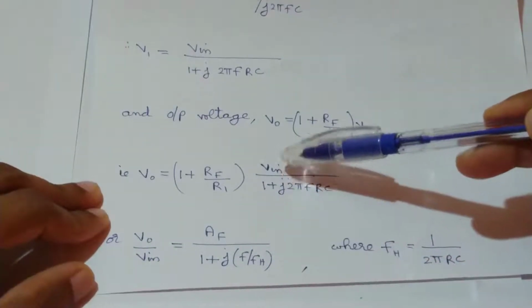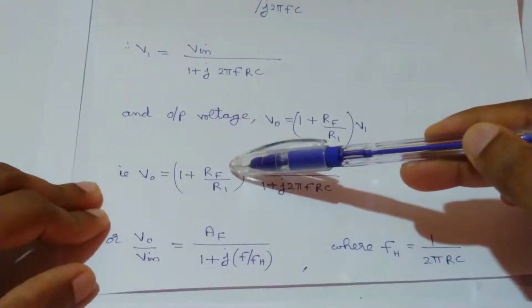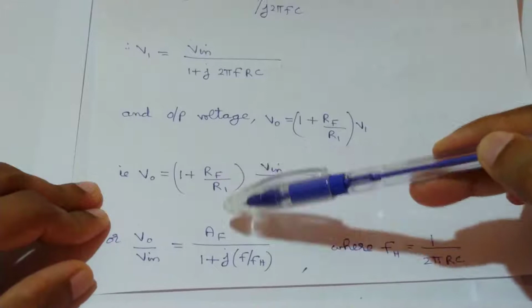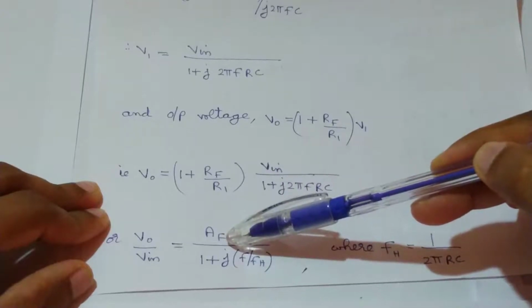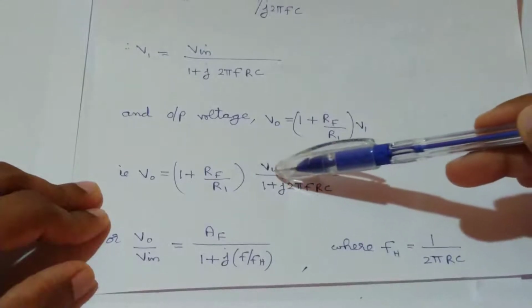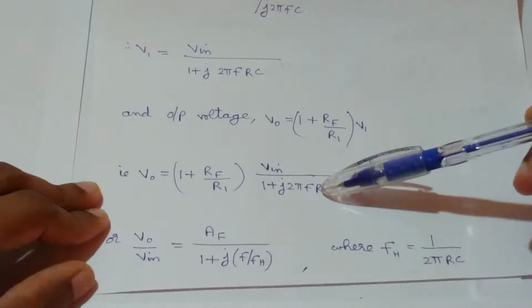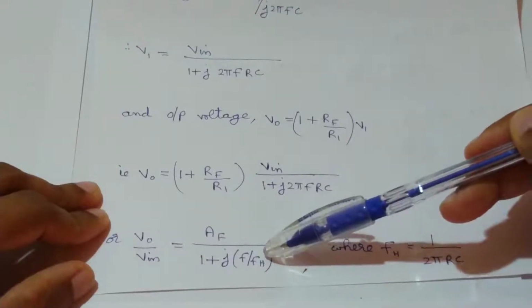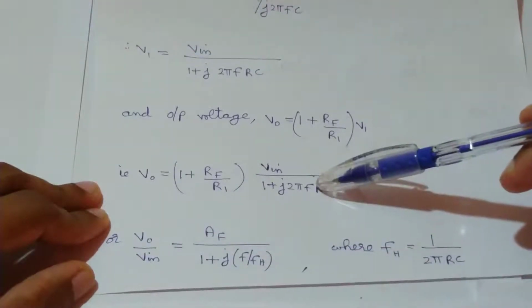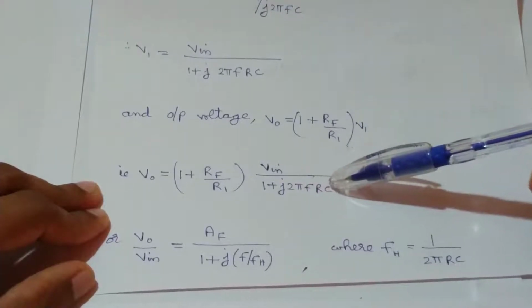In the previous equation, this Vin is taken to the left side, and this 1 plus Rf by R1 is represented as AF, and in the denominator this 1 plus j 2 pi fRC is represented as 1 plus j f by fh. Hence fh will be 1 divided by 2 pi RC.